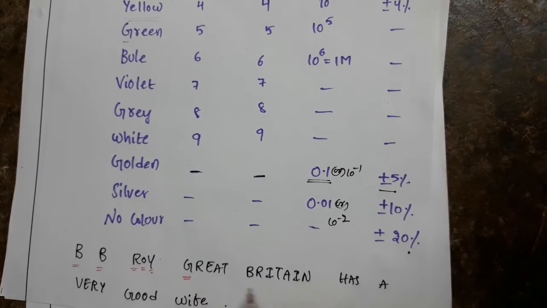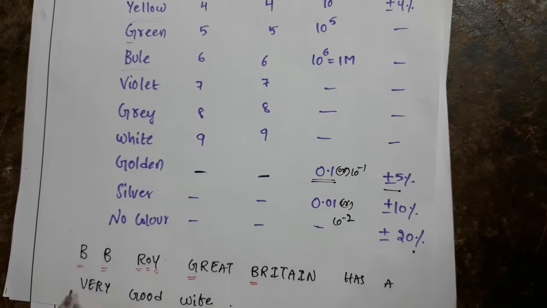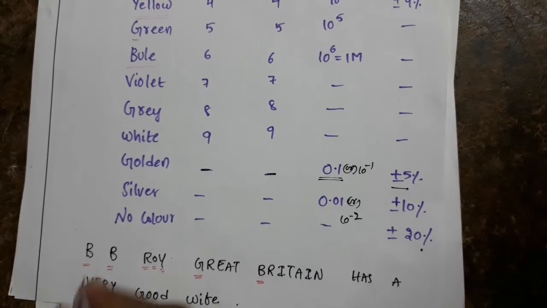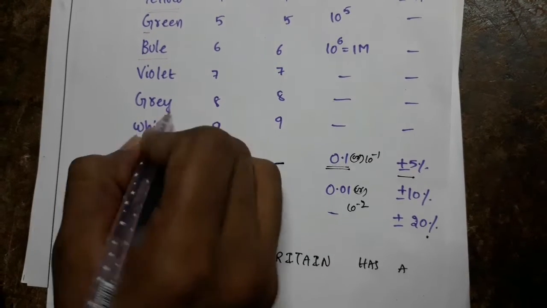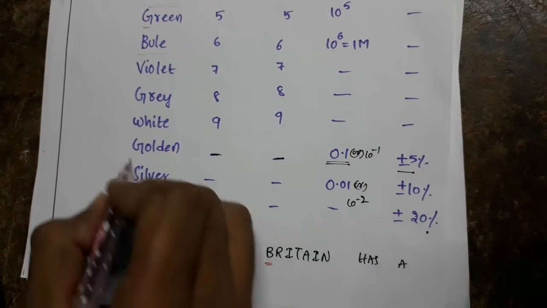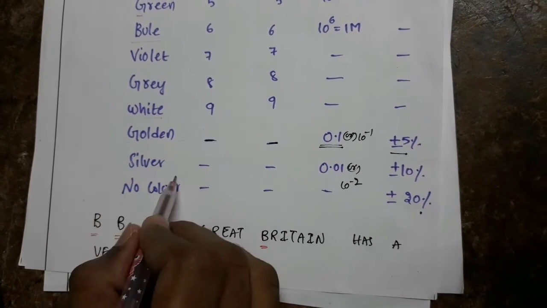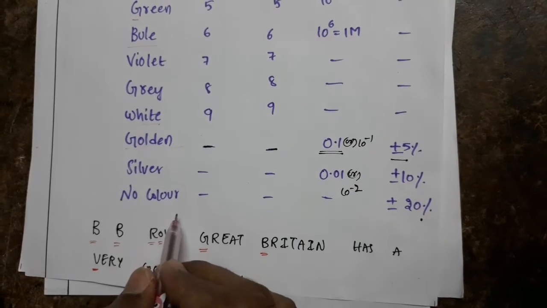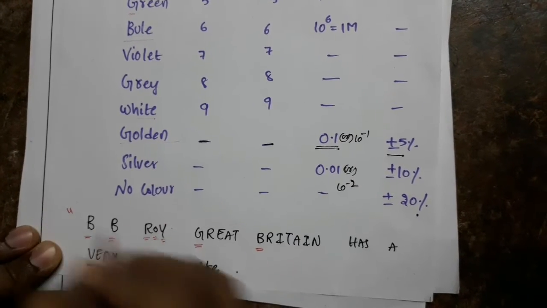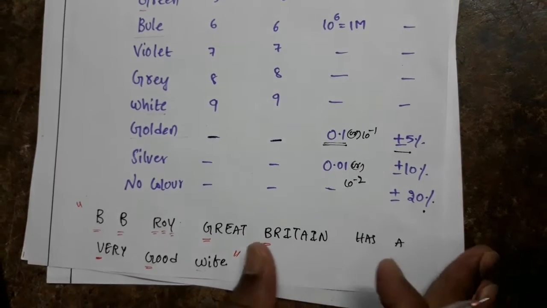Coming to Britain, B indicates blue, and V indicates violet. Coming to good, G indicates grey, whereas W indicates white. Gold, silver. This is for easy memorizing, friends. Please follow this. I am also following this.